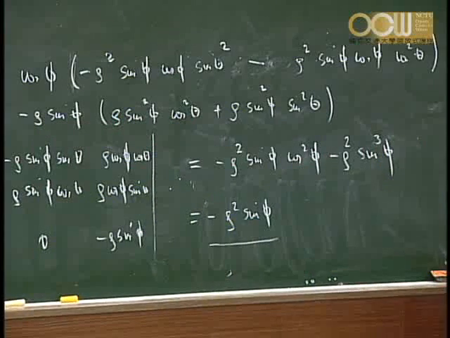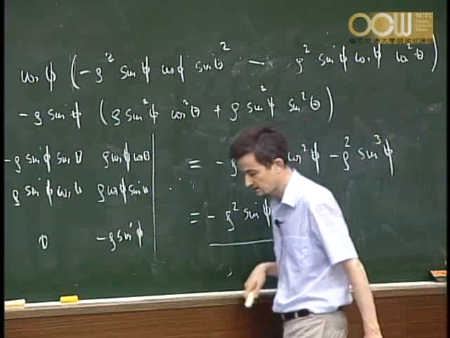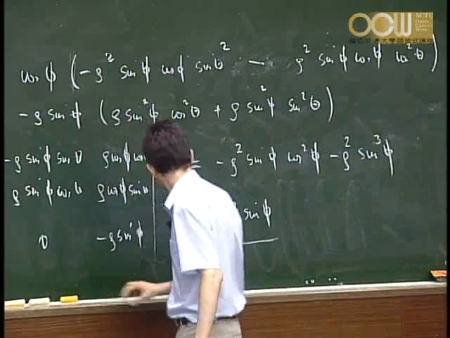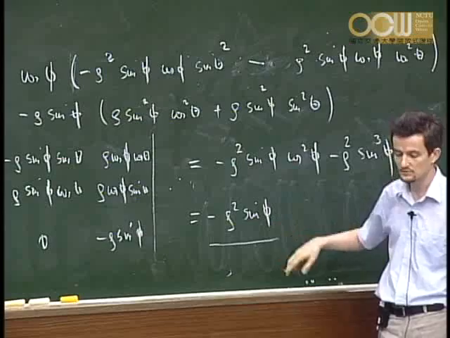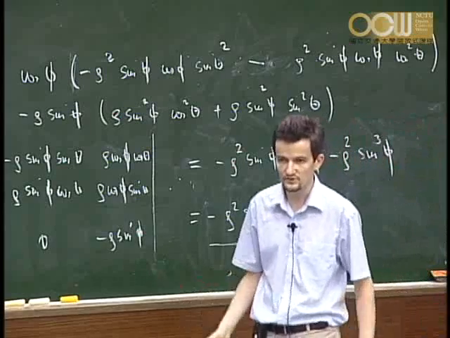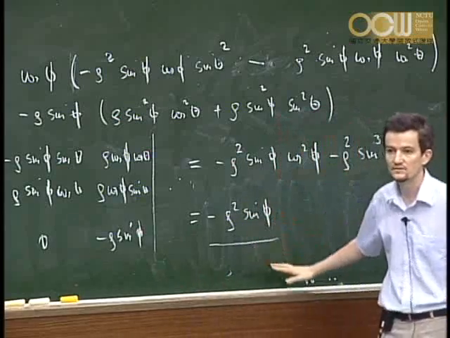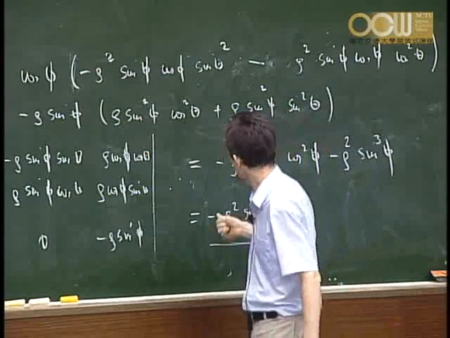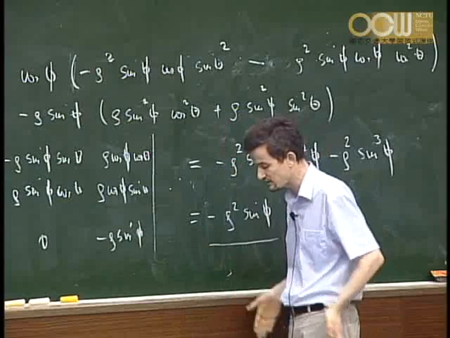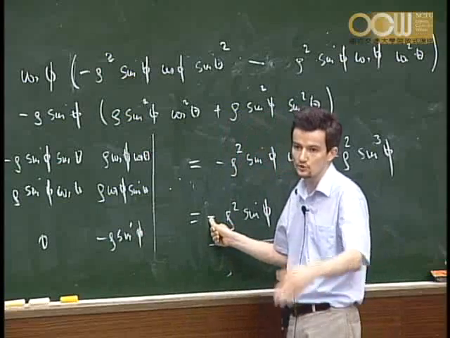Minus, okay, but this doesn't matter because we have the absolute value. So the absolute value of this is rho square times sine of psi. You have to notice that sine of psi is always positive because psi is between 0 and pi, where the sine is positive. So this is really negative here, and the absolute value makes it positive, so you can drop the minus.